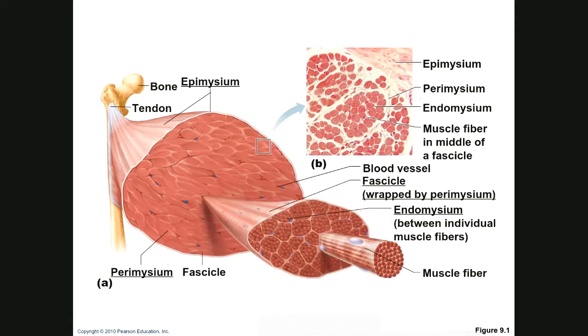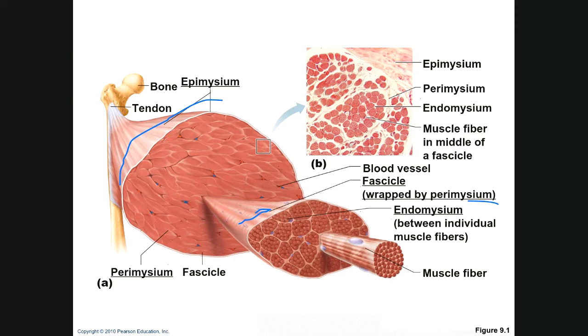Here we have a bone and a muscle, and you have your epimysium around the entire muscle, and then magnified greatly to show you a fascicle. The fascicles are wrapped by perimysium, and then each individual muscle fiber is wrapped by an endomysium.